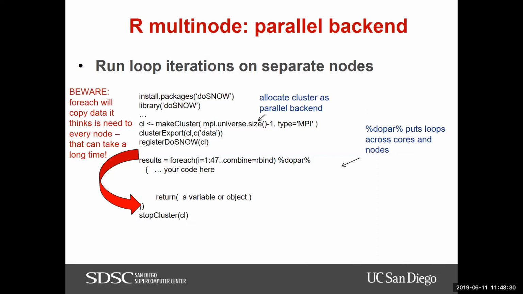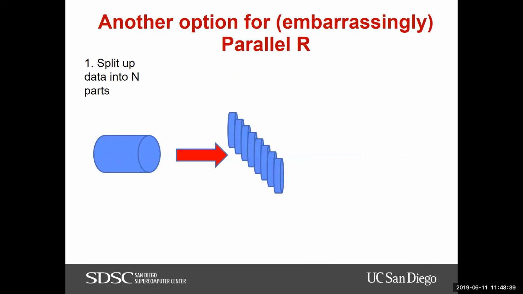I haven't had a lot of good situations where this was the right thing to do. I have had good luck using this other method to parallelize R. So imagine you do have a big data set, and you can split it up.